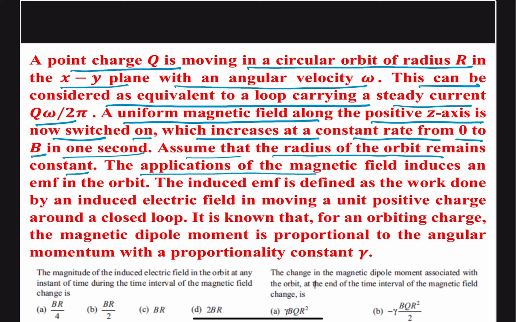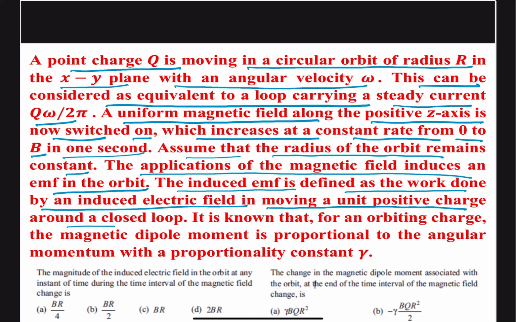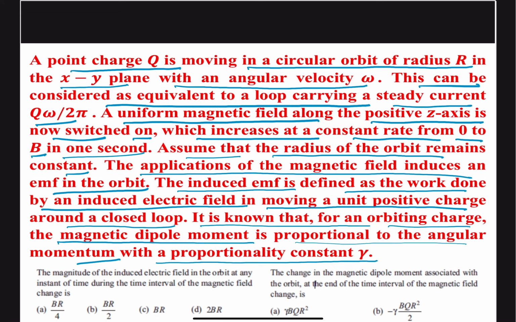The application of the magnetic field induces an EMF in the orbit. The induced EMF is defined as the work done by an induced electric field in moving a unit positive charge around a closed loop. It is known that for an orbiting charge, the magnetic dipole moment is proportional to the angular momentum with a proportionality constant as gamma.